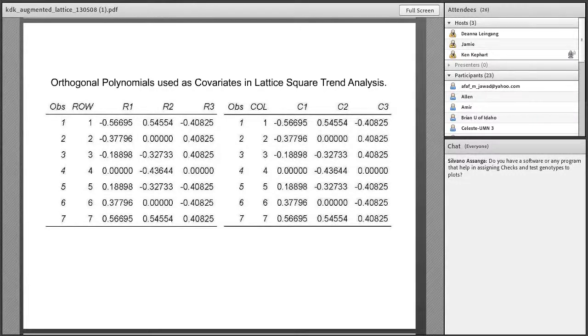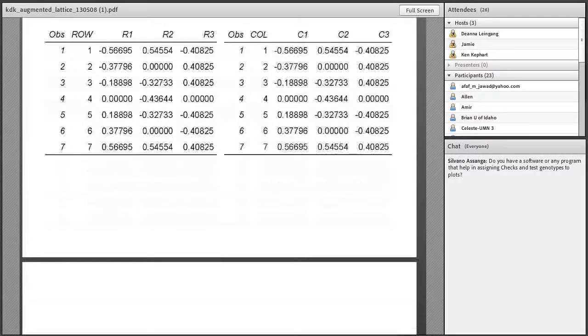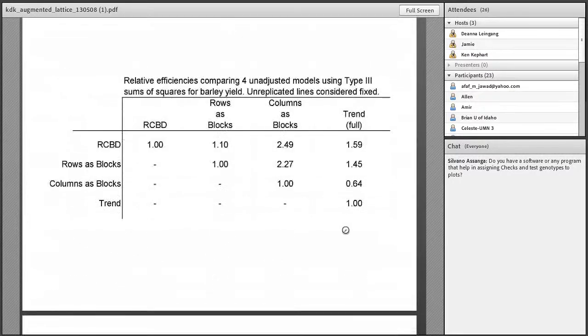In the MODEL statement, yield. In this particular case with PROC MIXED, we only give it the fixed effects in the model statement. So we're saying checks, entries are fixed. And then I have a covariate, if you will, in the data set called new. And that is either the number 1 or the number 0.